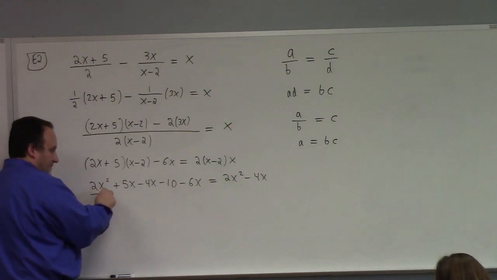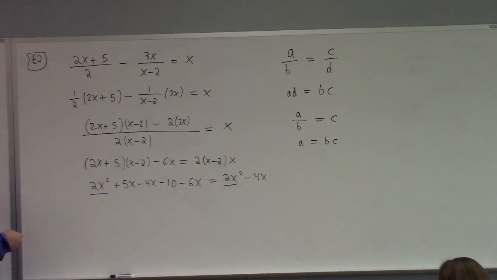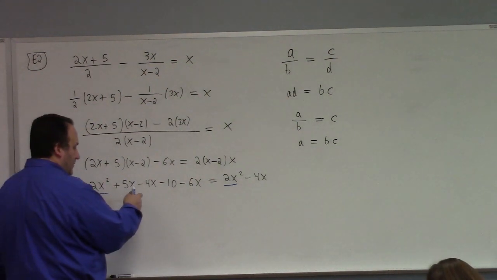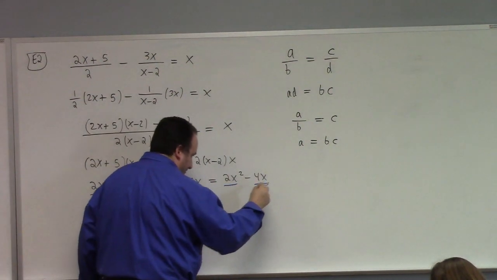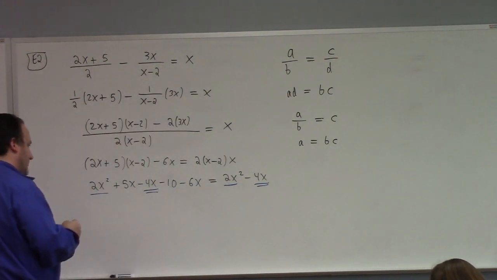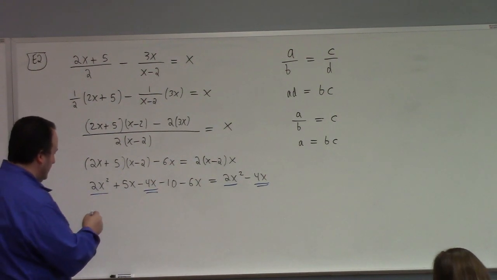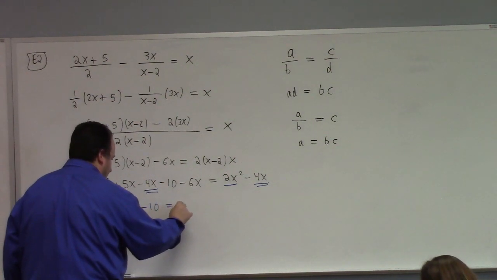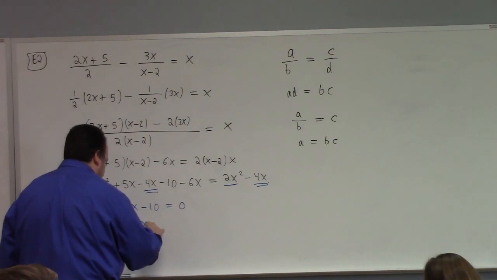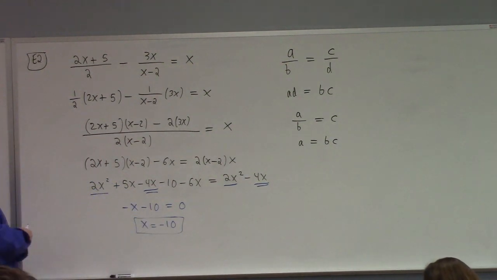Because this and this, they'd be canceling. And, oh, what else cancels? Check this out. Whoop, whoop. And what you got? Negative x minus 10 equals 0, also known as x equals minus 10. Yay. Solved. All right.